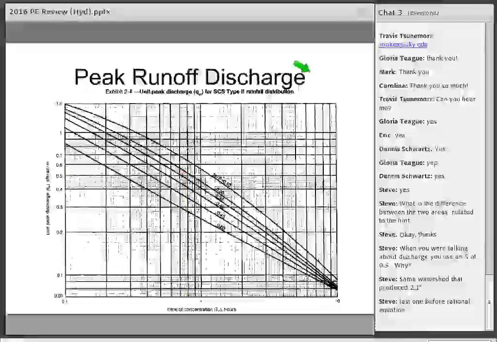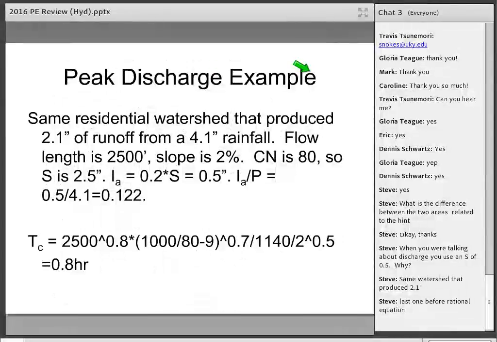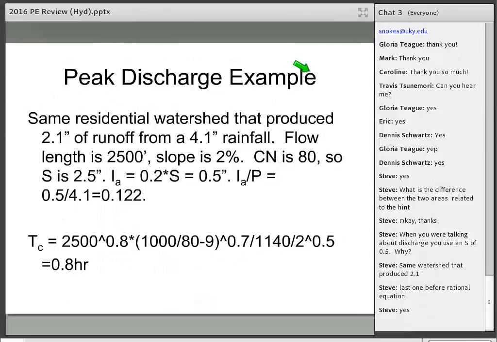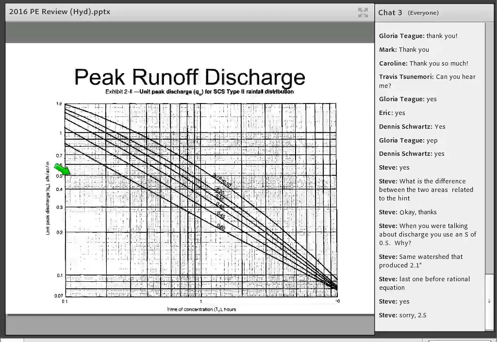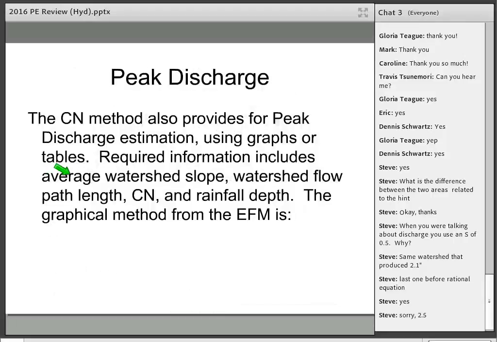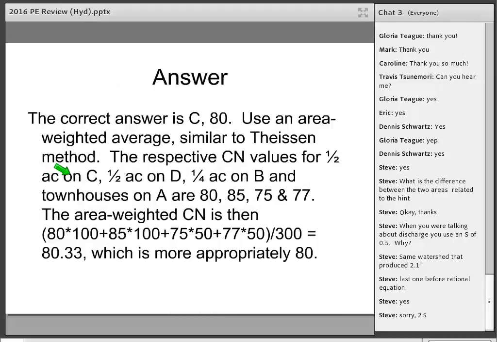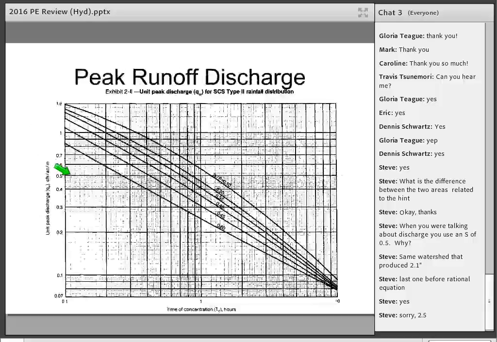Okay, let me look here quick. All right. Actually, S in that case, and see here is where things get messy because we're talking about different situations.